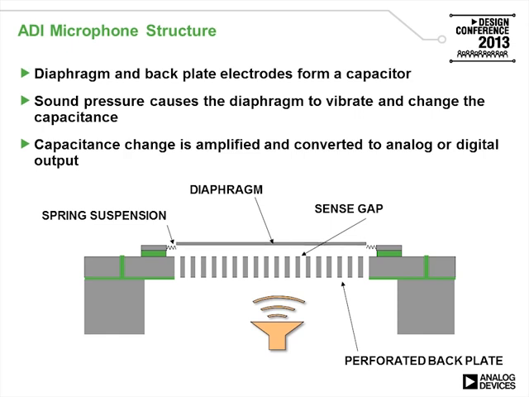This might sound familiar from accelerometers, so we're using capacitance again to measure displacement and using that measurement to back calculate the measurand that we're interested in. In Analog Devices microphones, the backplate is actually perforated, as shown here, to both allow air pressure in and also keep dust particles out.